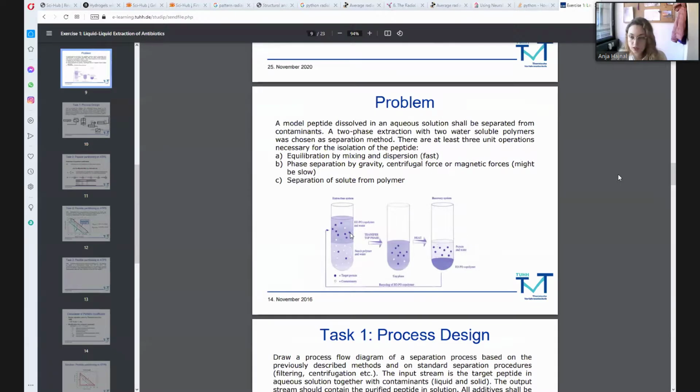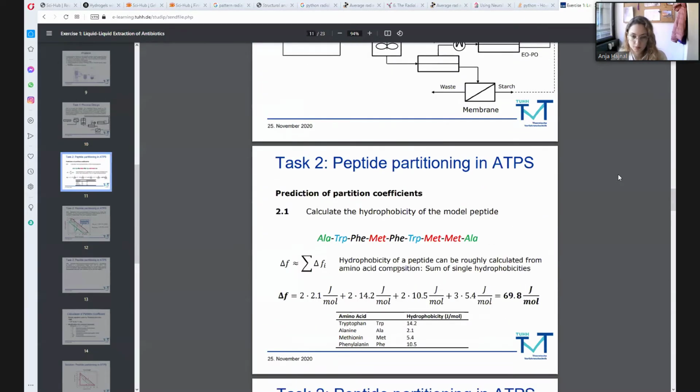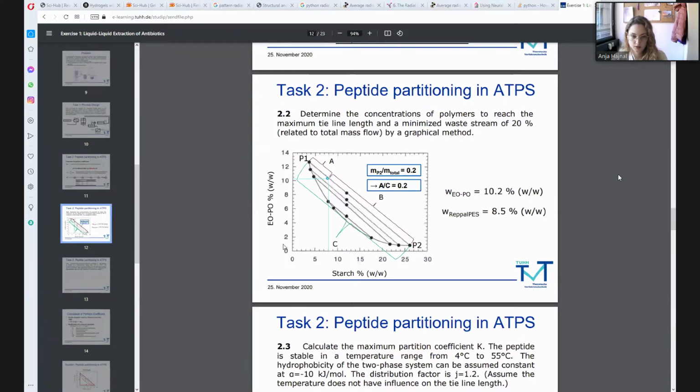So now we did an ATPS, so we had our extraction. Now we only take the top phase, which has our peptide and EOPO, and by heat we can actually recover this EOPO polymer and separate it from the protein and the remaining water, because here, of course, we don't have pure EOPO, as we know from such a phase diagram.